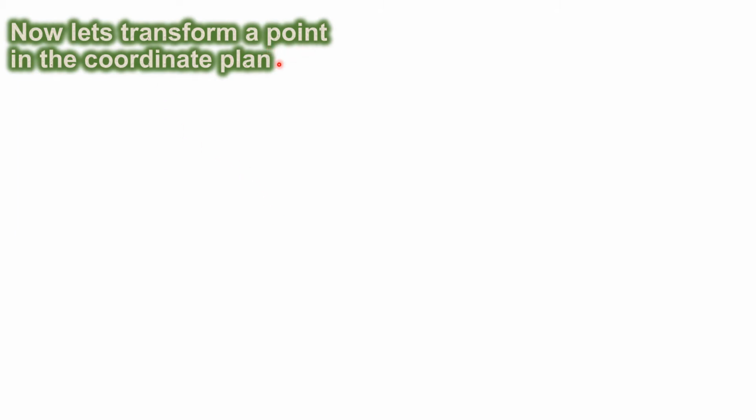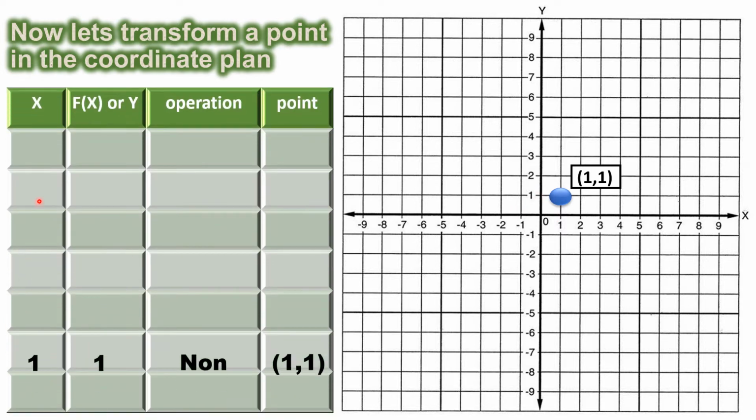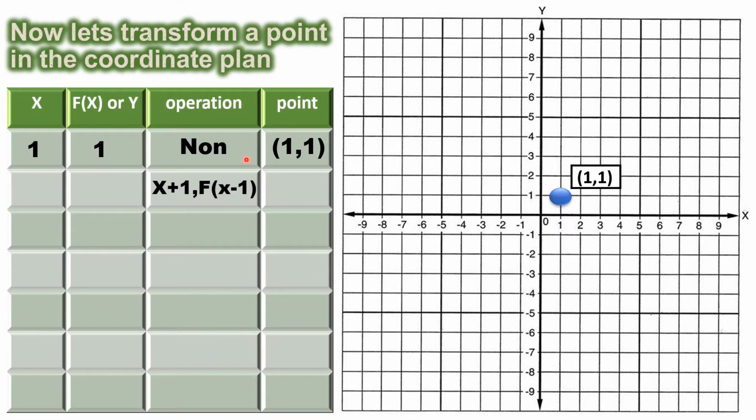Now let's transform a point in the coordinate plane. This point here is placed at 1, 1: 1 on the x-axis and 1 on the y-axis. If you added 1 to the x, the point will move to the right.